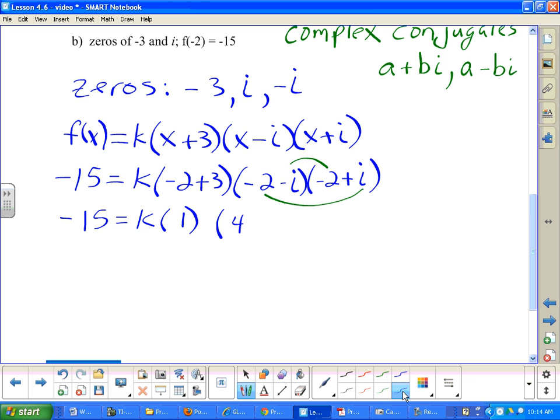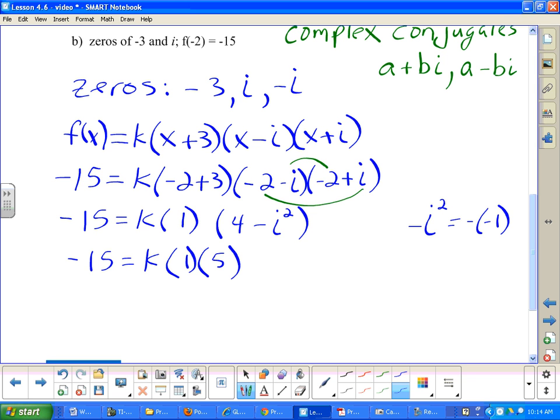So then I'm just left with negative i squared. If you remember from our earlier study with complex numbers, i squared is equal to negative 1, so this is the opposite of negative 1, which is 1. So we've got negative 15 equals k times 1 times 4 plus 1, which is 5. So we divide by 5, and k equals negative 3.